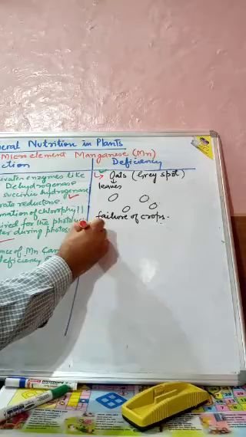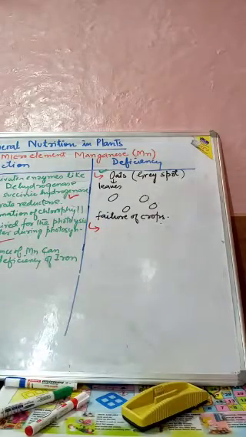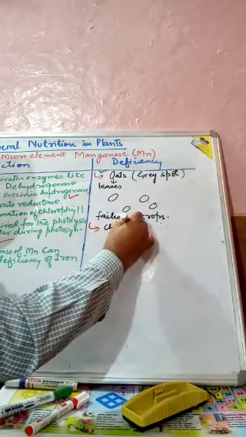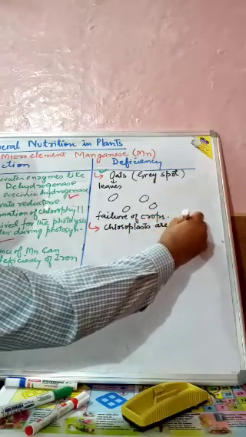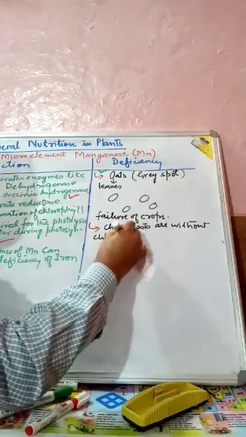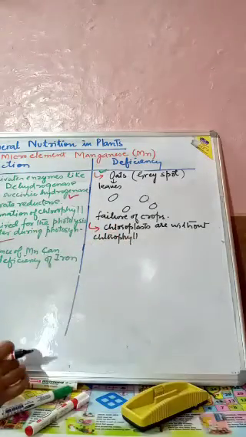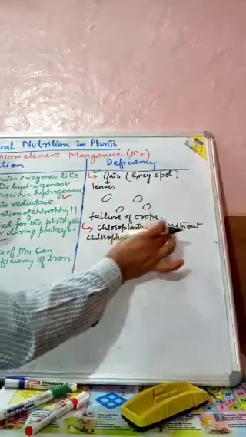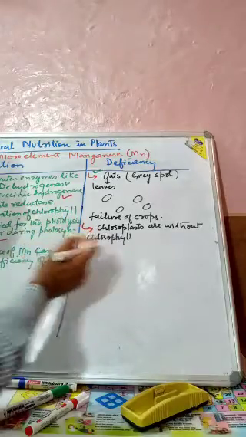Second, very important, it plays an important role in the formation of chlorophyll. So what we will see, the chloroplasts are without chlorophyll, or even if chlorophyll is present, it will be very less in number. And chloroplasts are without chlorophyll, whereas chlorophyll plays an important role in the process of photosynthesis.